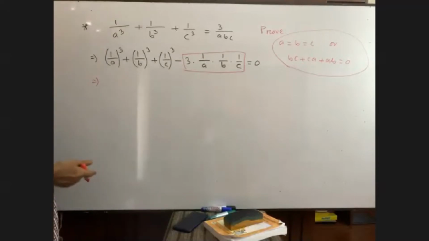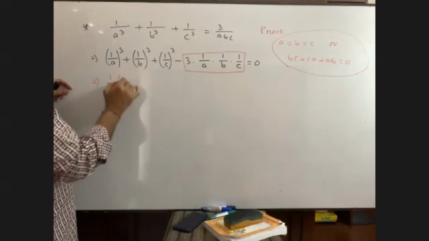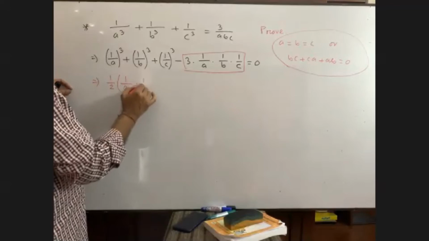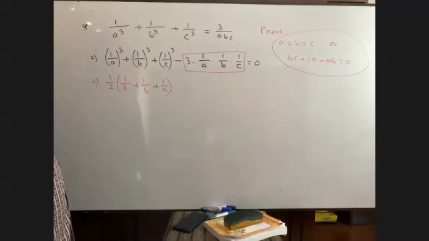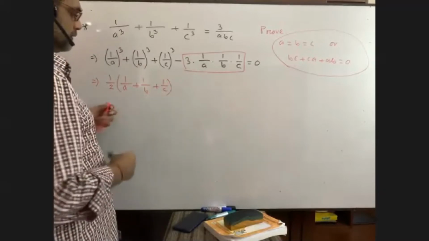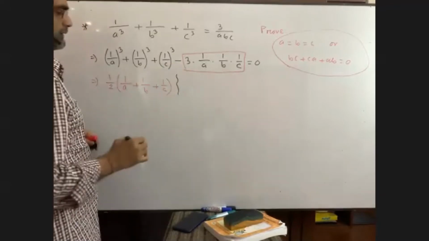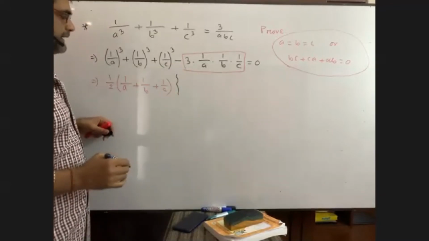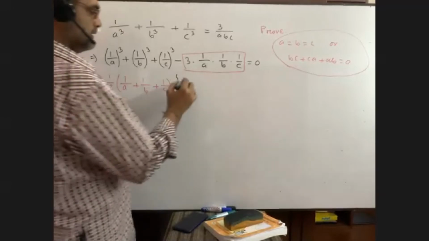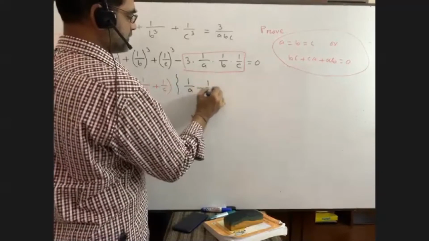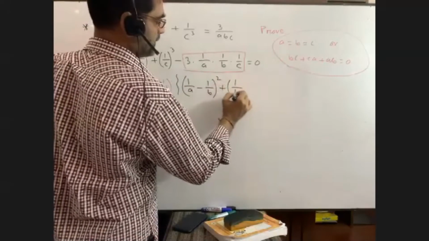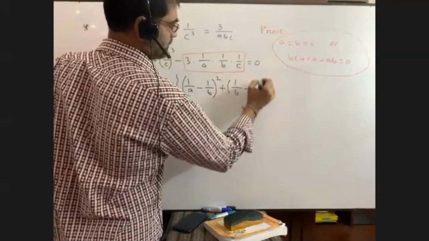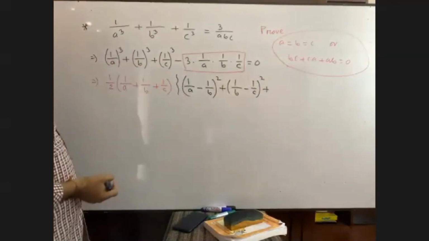And afterwards, there was a proof of the corollary, and that is half of a plus b plus c into, second bracket, a minus b whole square, b minus c whole square, are you getting me?